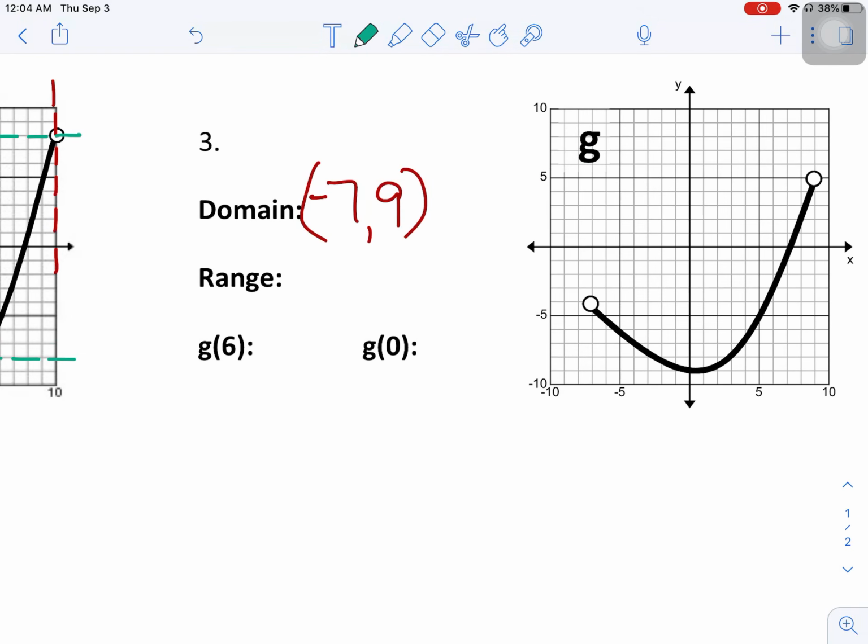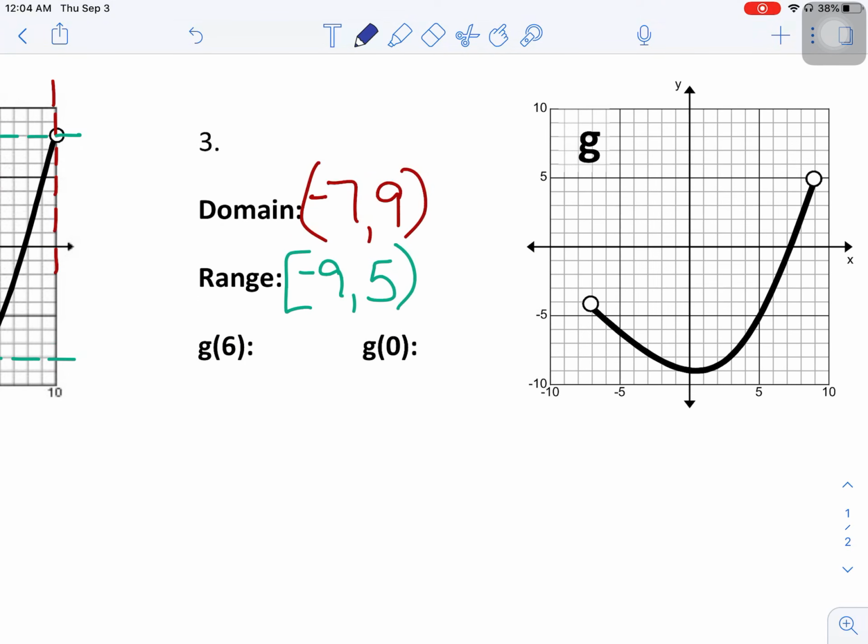Range. How low does the graph go? And that would be -9. Smooth continuous curve at the bottom, so go ahead and use a bracket. To how high does the graph go? That would be 5. Open circle at the top, so we're going to use parentheses. All right, g of 6.